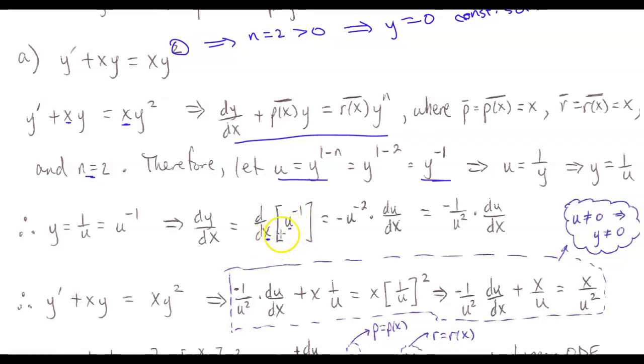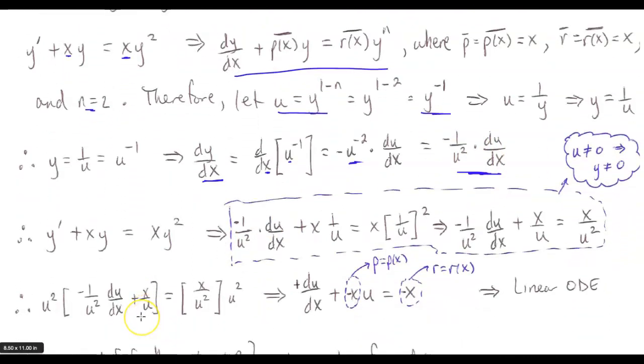So when we look here, we take the derivative of u raised to the negative 1 with respect to x. It's just going to be like we're taking the derivative of u raised to the negative 1 with respect to u, which is what this is, times the derivative of u with respect to x. And of course, we see that dy over dx just ends up being a negative 1 over u squared times du over dx.